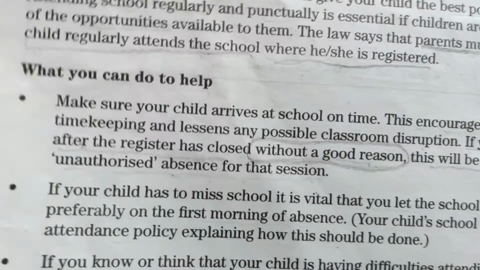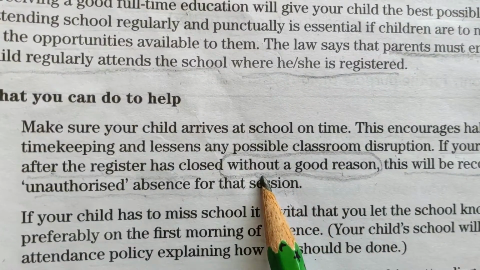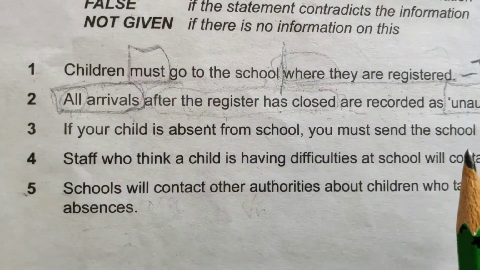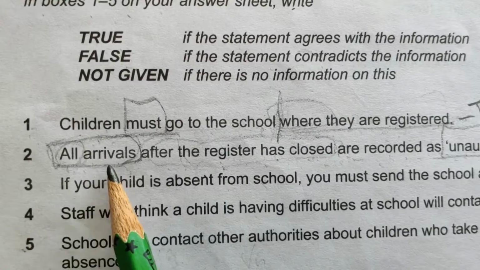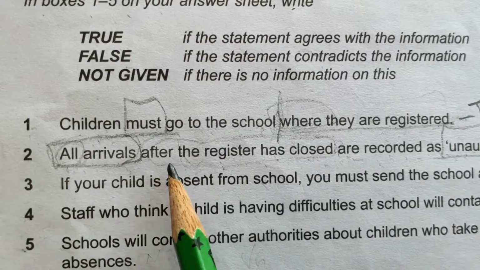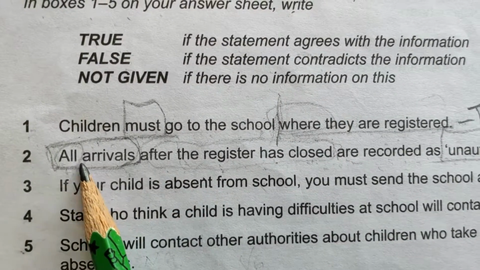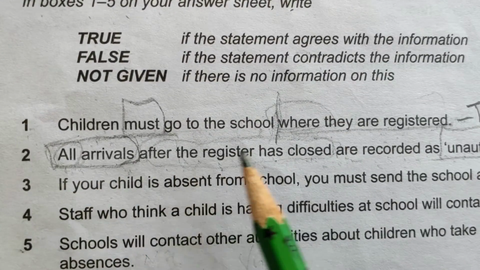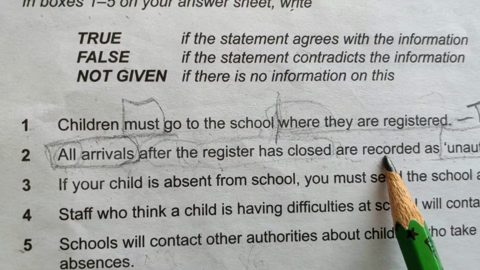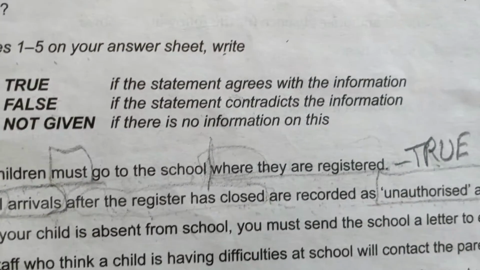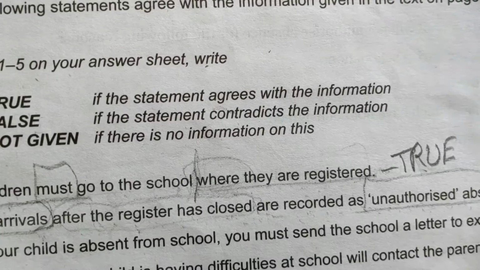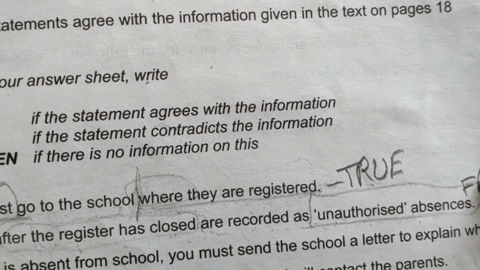It means this is false. Here the statement says without a good reason, but in the question they are not ready to listen for any excuses. The question is saying all arrivals after the register has closed are recorded as an unauthorized absence. It means this is purely false. This is false.